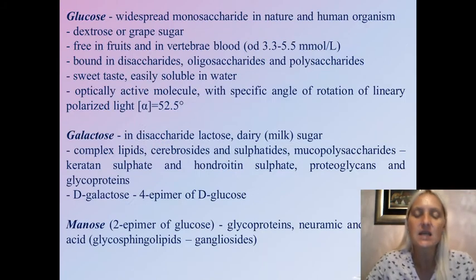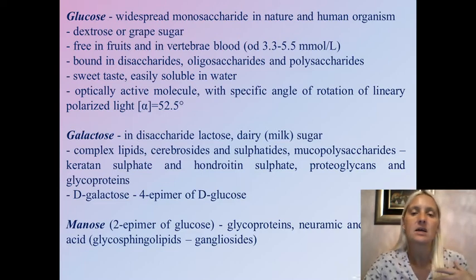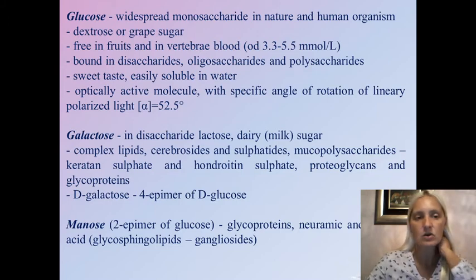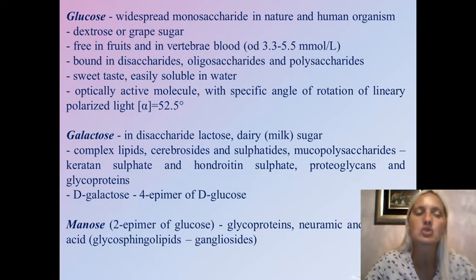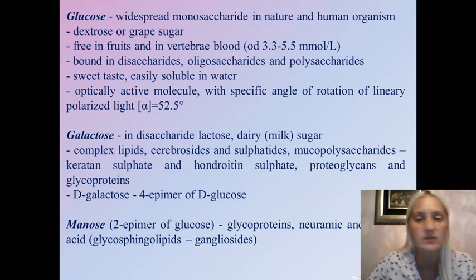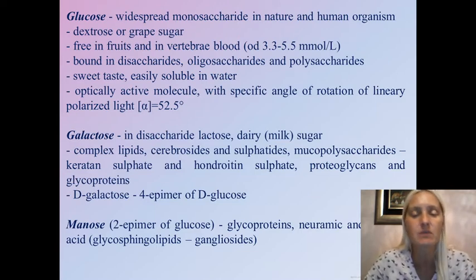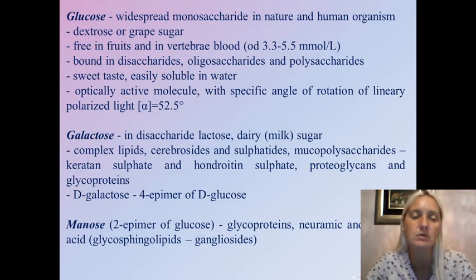And let's say a few general things about these. So glucose is widespread in nature and in humans, it's also called dextrose or grape sugar. It's found in fruits in free form, and it's found in the human body in free form, and the reference values range from approximately 3.3 to 5.5 millimoles per liter.